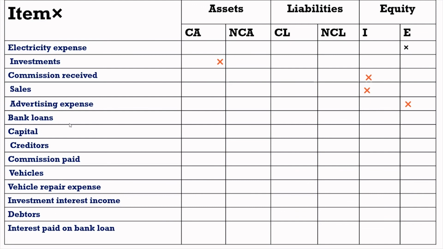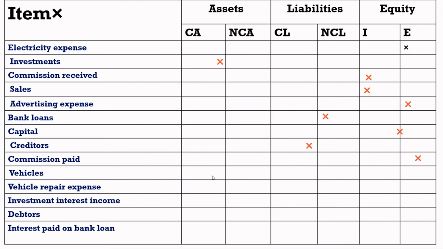A bank loan. So bank loans will be a non-current liability, it will fall here. Capital contributed, it should be falling under equity. I will be keeping it here in the middle. The creditors, right? You can put it as current liabilities. The commissions paid, you are paying it so that it becomes an expense.